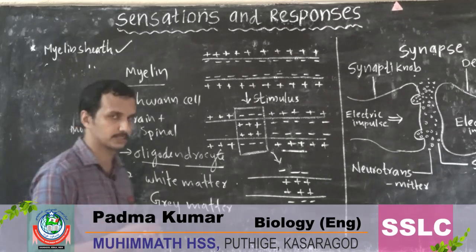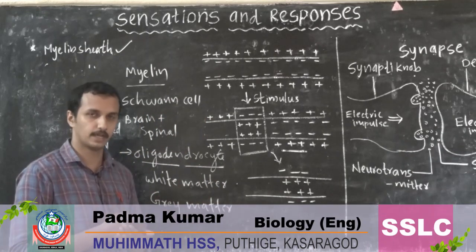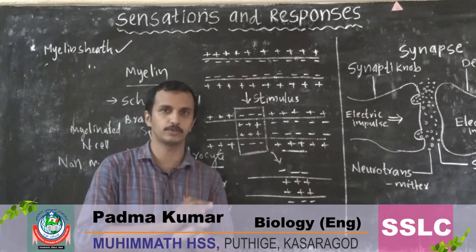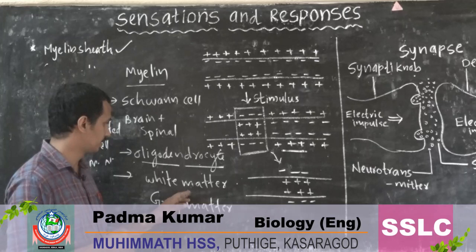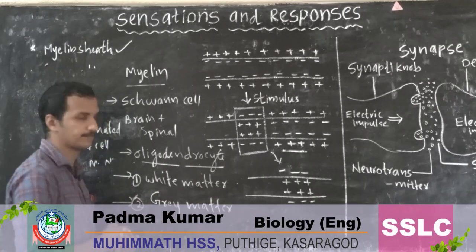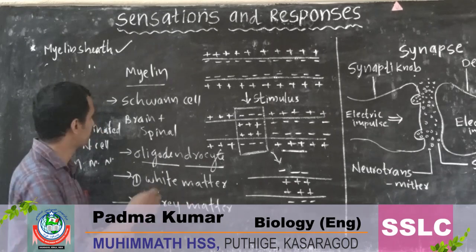So based on this, the brain and spinal cord region is classified into two types. The first one is called white matter and the second one is called grey matter.